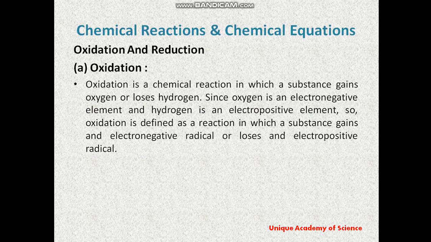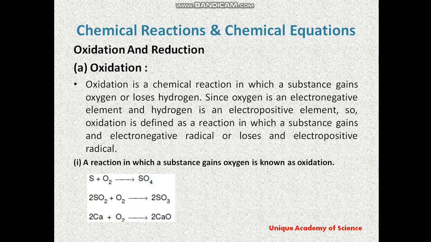In this reaction oxygen is known as electronegative, whereas hydrogen is considered electropositive. So oxidation is also defined as a reaction in which a substance gains an electronegative radical or loses an electropositive radical.